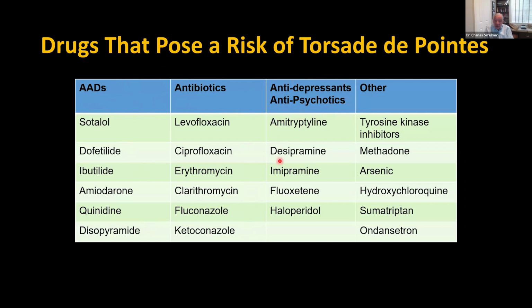Antidepressants, and then some others, including methadone, arsenic poisoning, and hydroxychloroquine. You remember that in the early days of COVID. And sumatriptan. That's where heavy metal was. More in my plans.